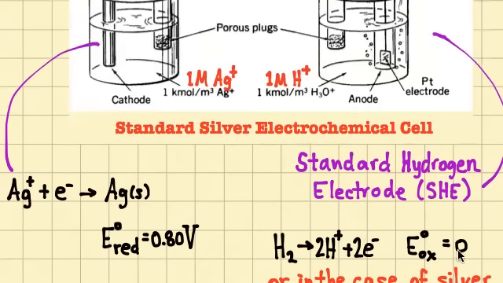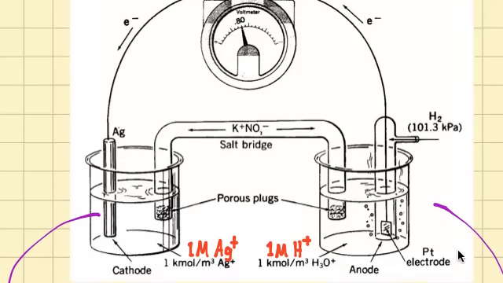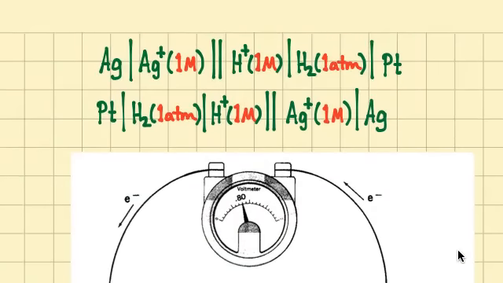Alright, another way to write this mess is with what we call cell notation. As it's written, usually we put the oxidation half reaction on the left and the reduction half reaction on the right, and the double lines mean a salt bridge in the middle. And standard conditions are 1 molar and 1 atmosphere pressure, and usually room temperature-ish.